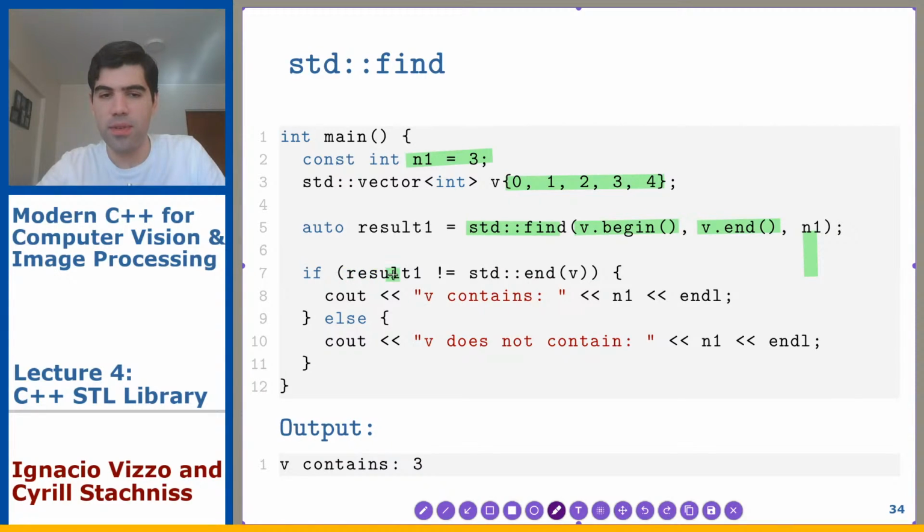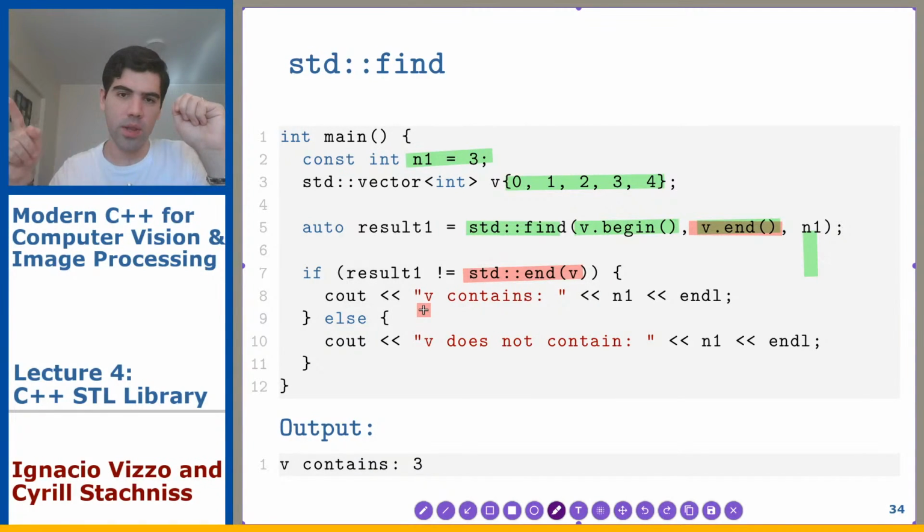So if this iterator is different from the end, this means that the container contains the element, because it searched through the elements and found it at this point.